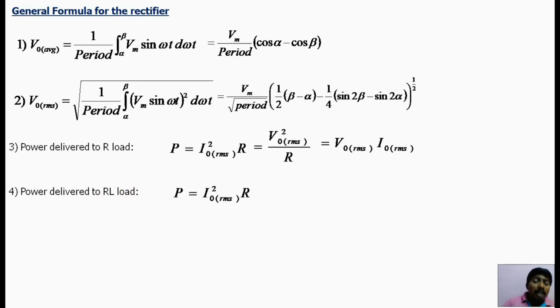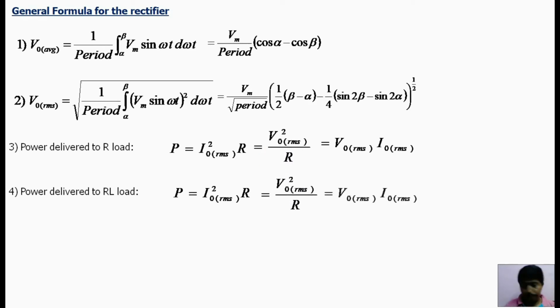So the power delivered to the RL load is equal to the power delivered to the R load, because the average power consumed by the inductive load is 0. So P is equal to I0 square RMS into R, which is the same as V0 square RMS by R, equal to V0 RMS into I0 RMS.